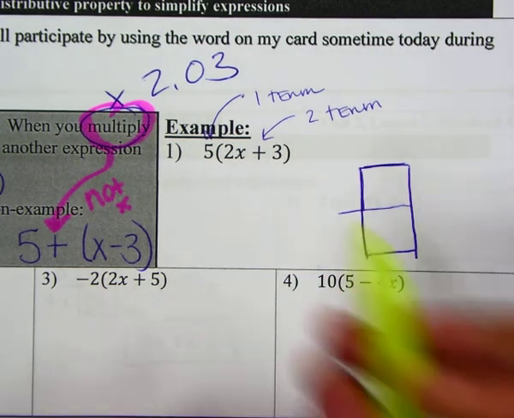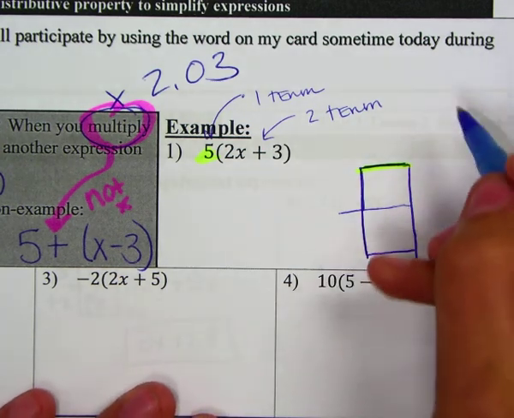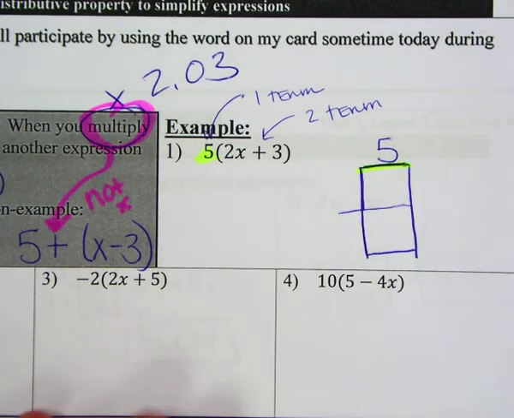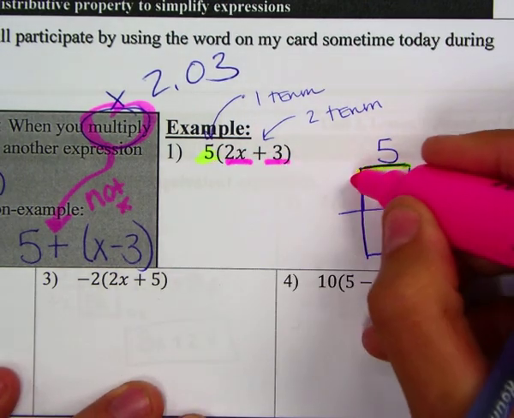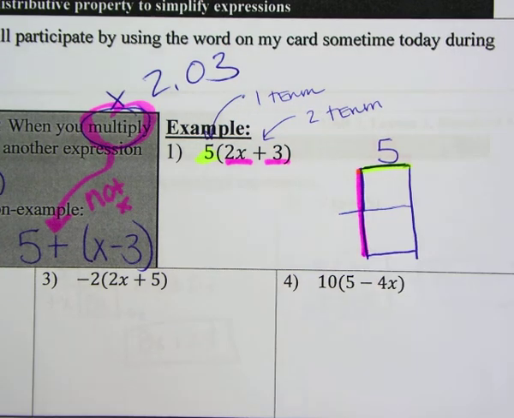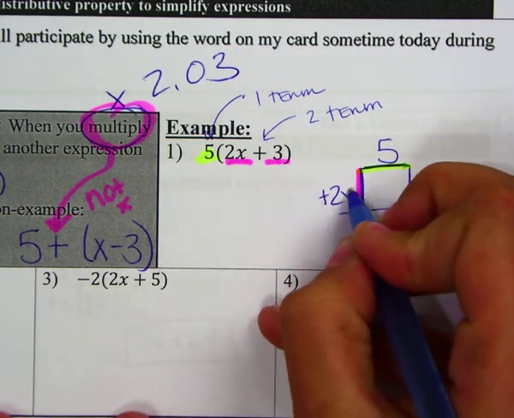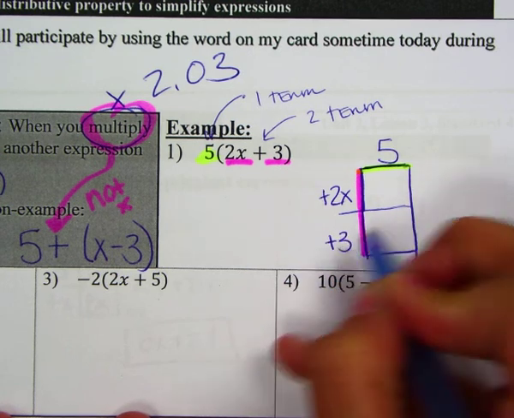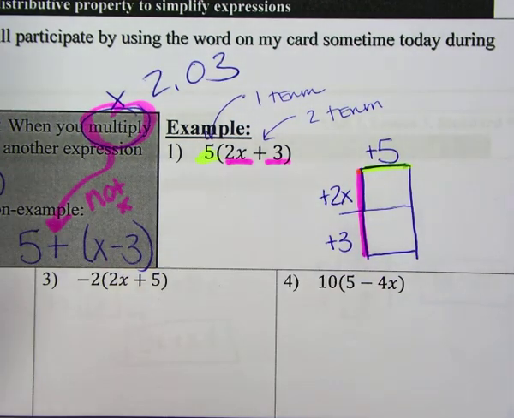And what I'm going to do is I'm actually going to put the 5 on the top of the box. Okay? Then I'm going to put 2x plus 3 on the side of the box because that's a two-term expression. So positive 2x and a positive 3. I want to make sure I know what sign all of my terms are.